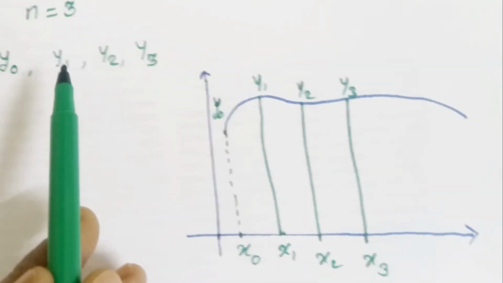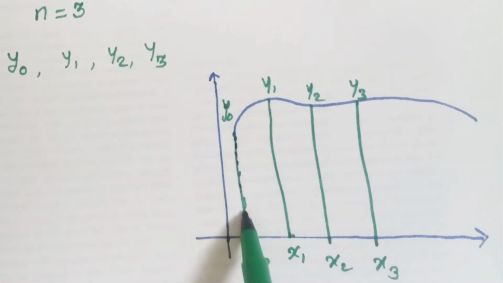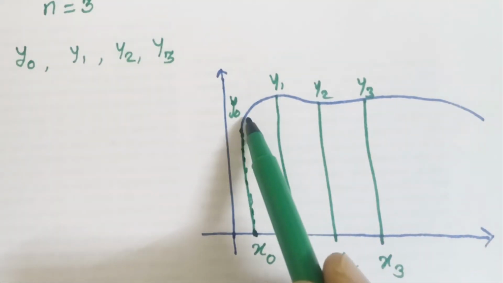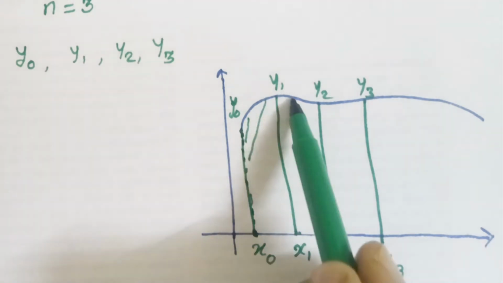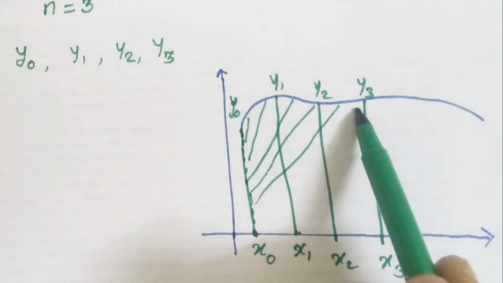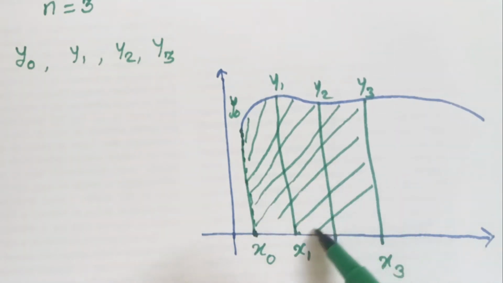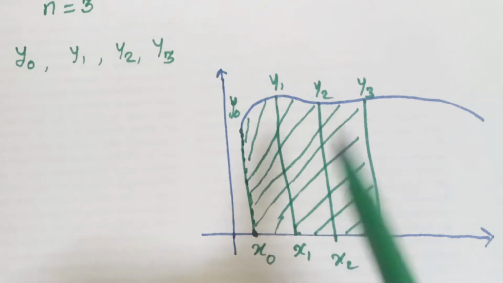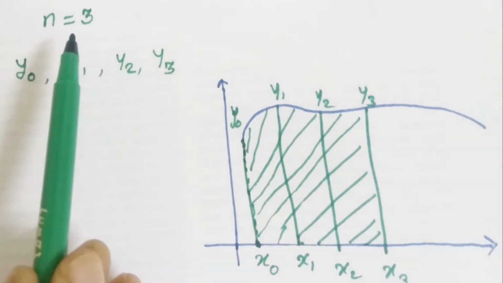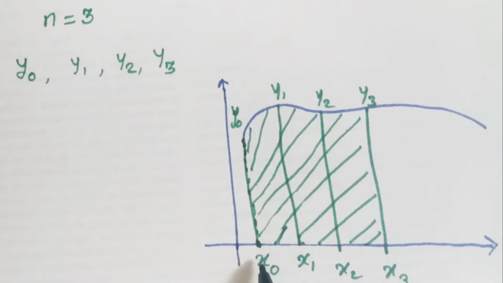If we are taking n equals 3, that means in one integration we are finding this complete area from y0 up to y3. Here we are taking n equals 3, that means we are finding the integration from x0 to x3.